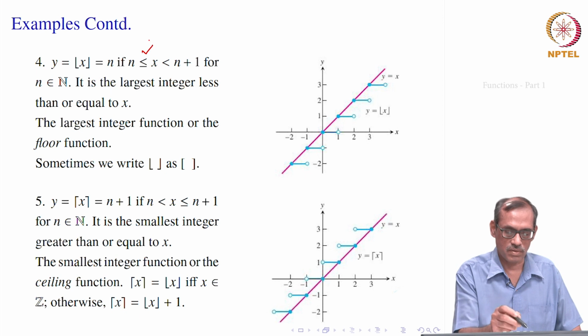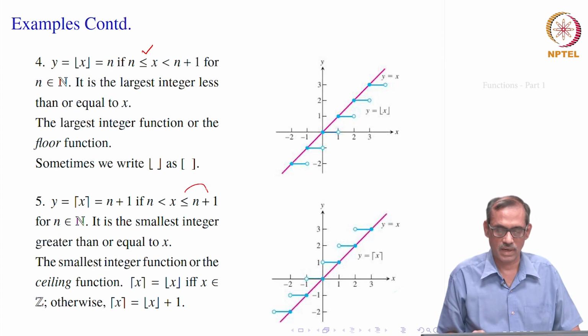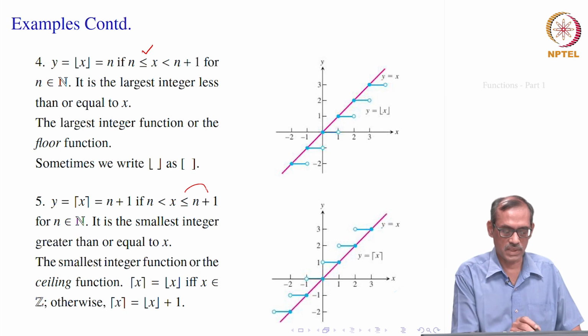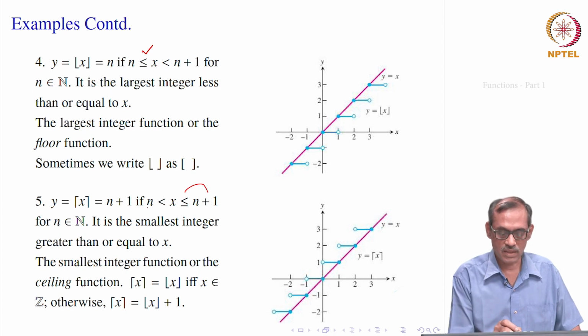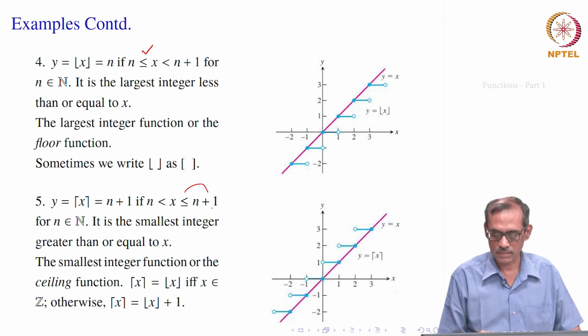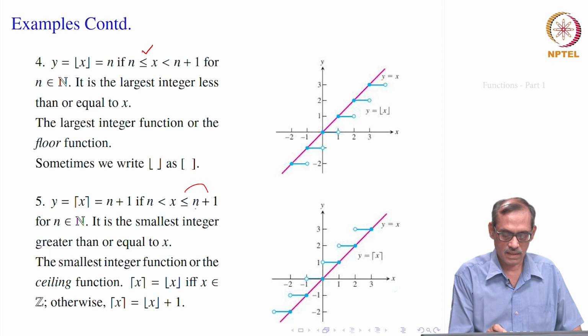Here in the floor x is equal to n, but in the ceiling x is equal to n plus 1. The equality sign is moved to the next interval. So y is the ceiling of x, means it is equal to n plus 1 on the interval n to n plus 1. For example, if x is 1, then this one is applicable.